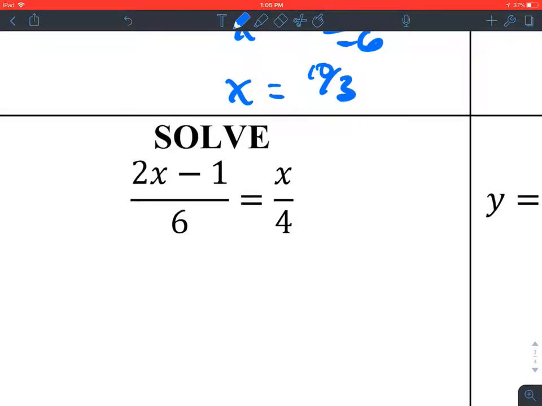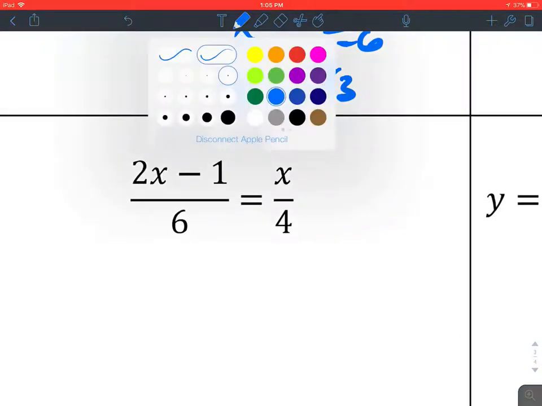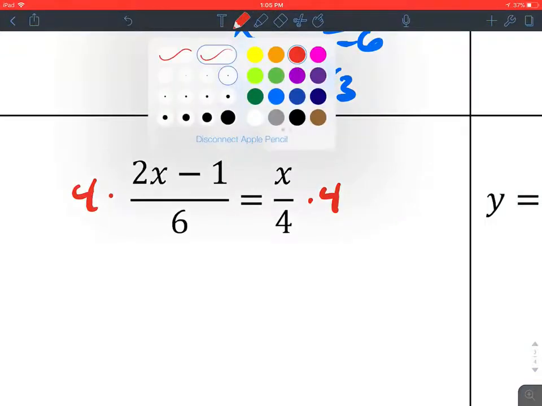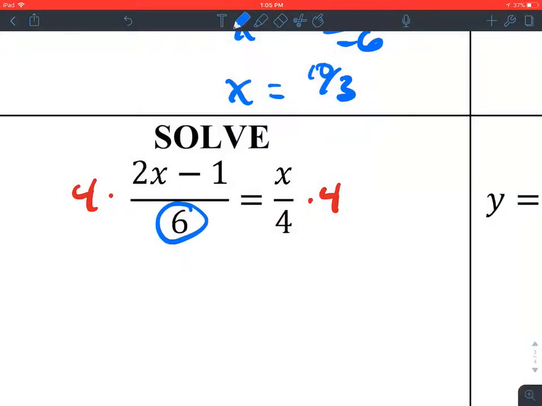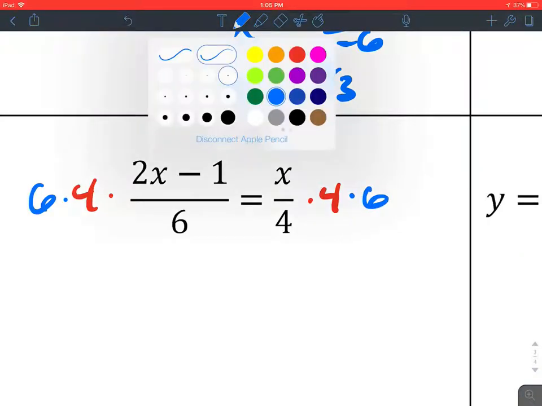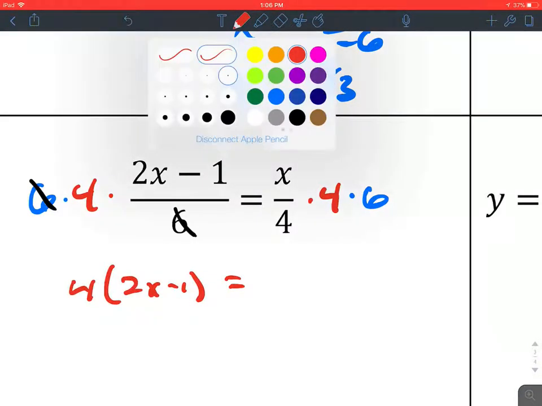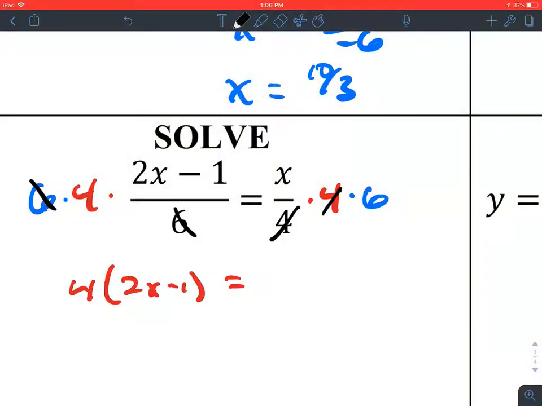This problem here, we have some fractions. I don't care for having fractions. So I want to get rid of this divided by 4. So I'm going to multiply both sides of the equation by 4. I want to get rid of this dividing by 6. So I'm going to multiply both sides by 6. On the left, multiplying by 6 and dividing by it cancels. I end up with 4 times 2x minus 1. On the right, multiplying and dividing by 4 cancels.